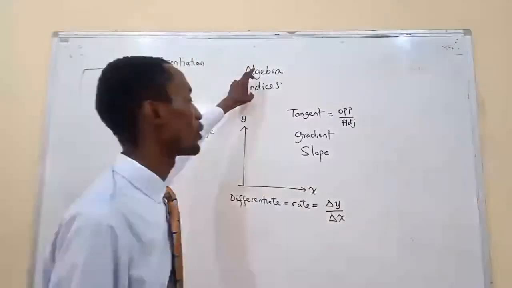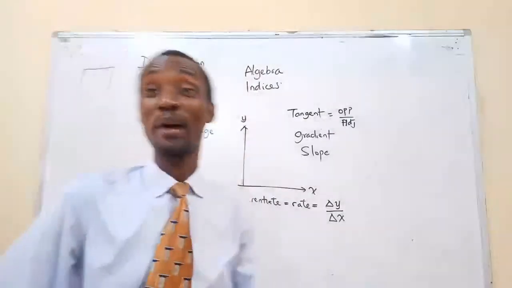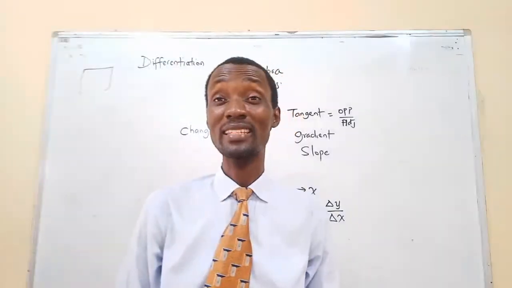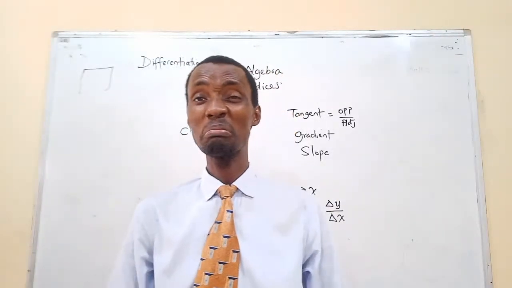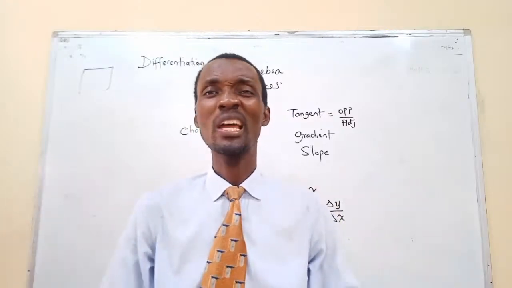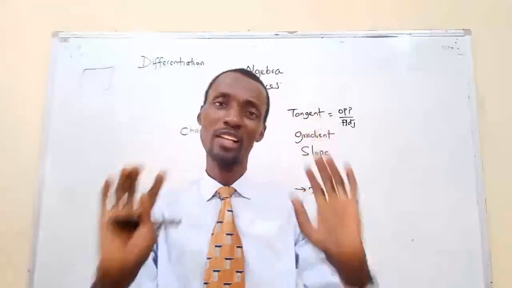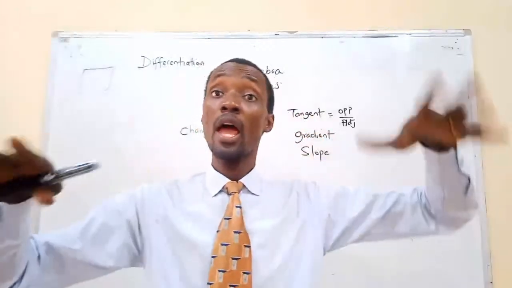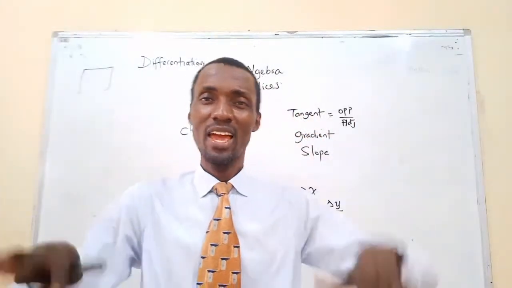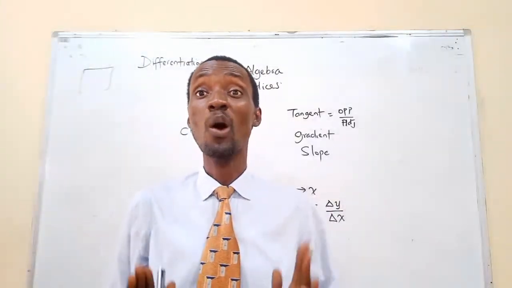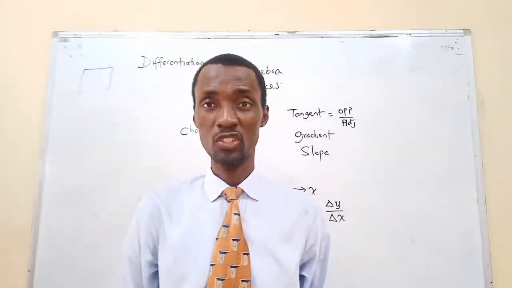Algebra and your knowledge of what? Indices. By the time we start solving problems, you see that some of these things you think are very, very difficult are very, very simple. So what I want to achieve in this video is just to help water things down and bring your heart into differentiation.